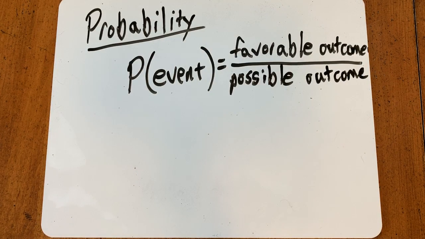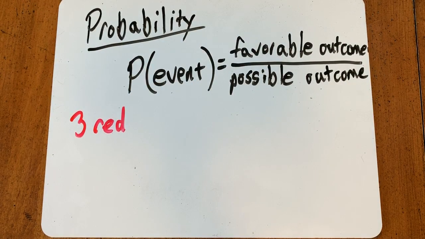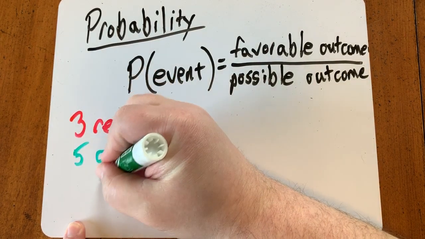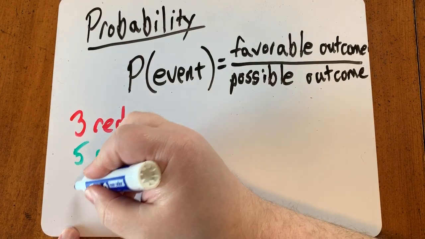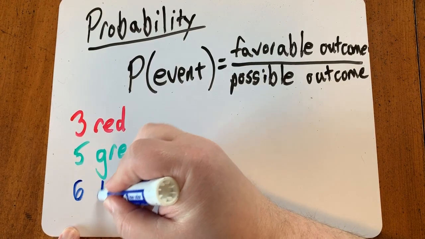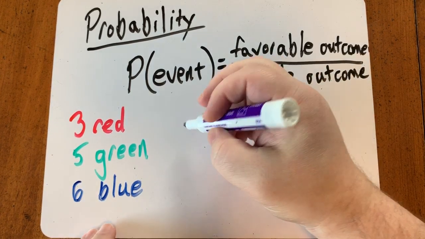In a very simple case, if we had 3 red balls, 5 green balls, and 6 blue balls in a jar, and we want to find the probability that a ball chosen at random from the jar is green.